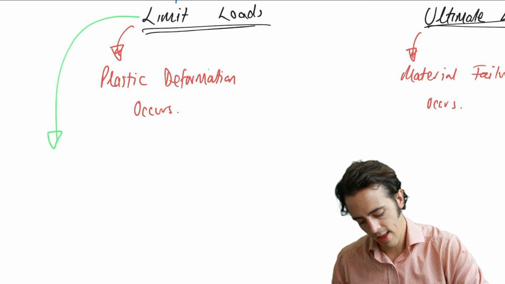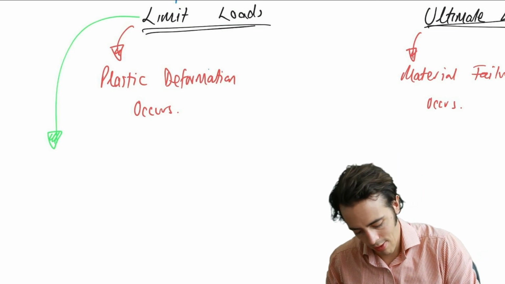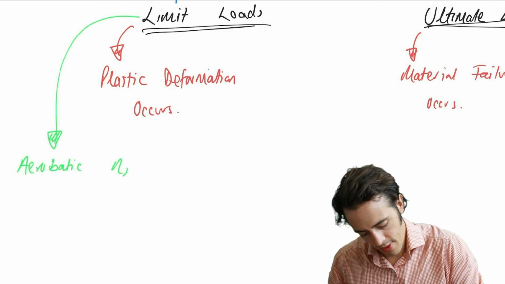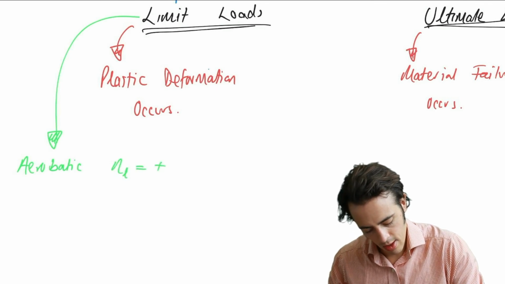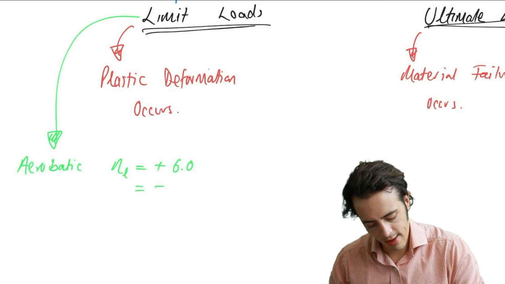The limits have to be much higher for an aerobatic aircraft. So this has to have a positive NL of at least 6 and a negative of at least 3.